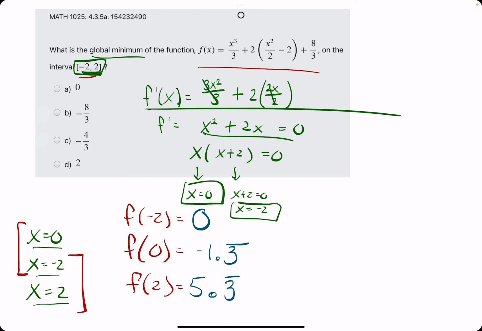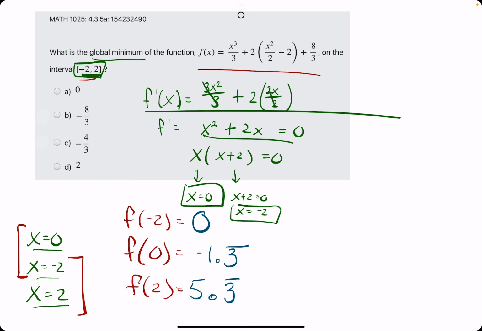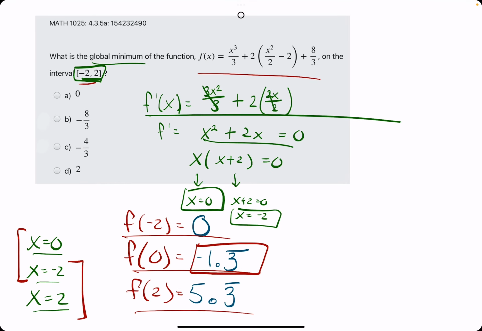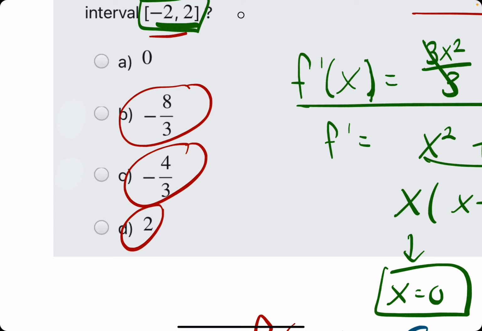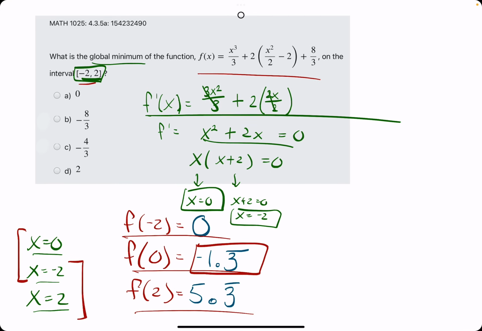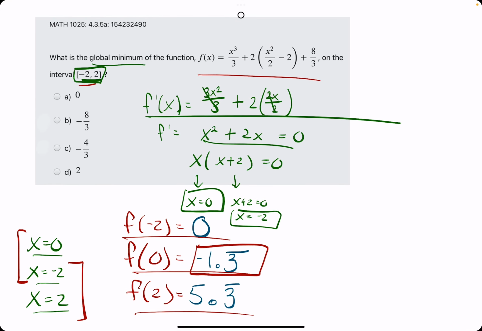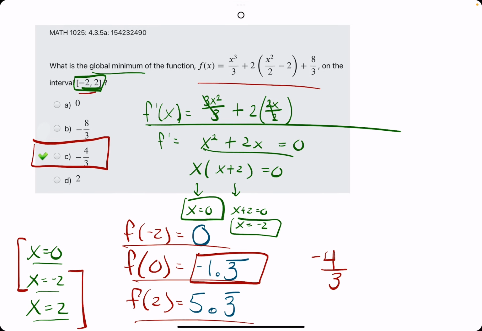Again, the question is, what is our global minimum? We are looking for the smallest y value that we found, and that is -1.3 repeating. As a decimal, you could try out the different options to see which one actually matches negative 1.3 repeating. In this case, that should be negative 4/3. And so our answer is C.